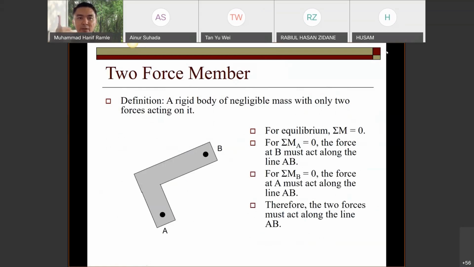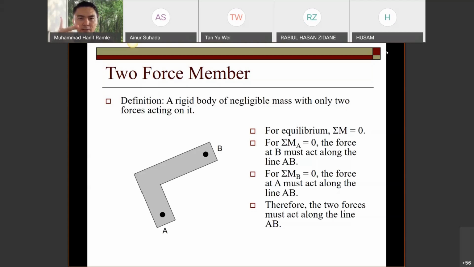If the system is very complex, meaning that you cannot solve it in the same way that we did just now. Number two, since the system is complex, maybe the system will have more than 3 unknowns.